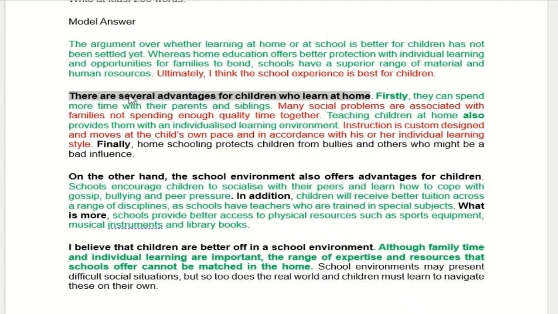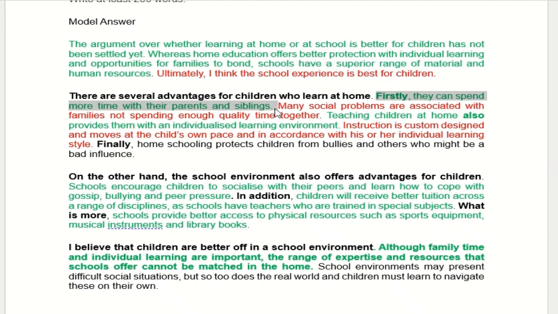So after you've given the topic sentence like this, which I mentioned is a general statement that does not give specific details, then you give a specific reason. This is a specific advantage introduced by firstly. It says firstly, they can spend more time with their parents and siblings.